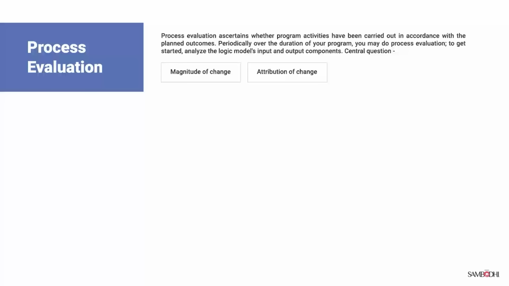Process evaluation ascertains whether program activities have been carried out in accordance with the planned outcomes. It helps to understand the mechanisms involved in the creation of successful programs that achieved the intended outcomes, and these programs can be reused and developed for other contexts.